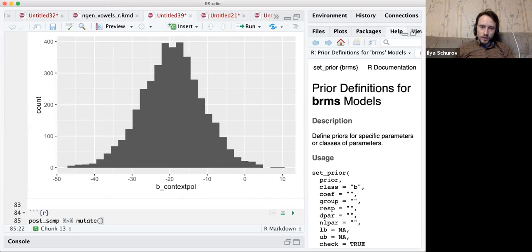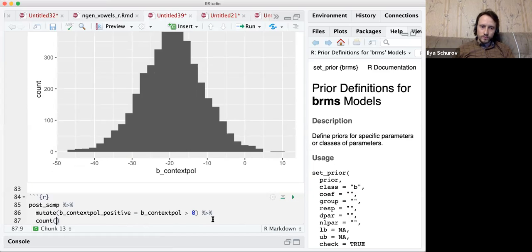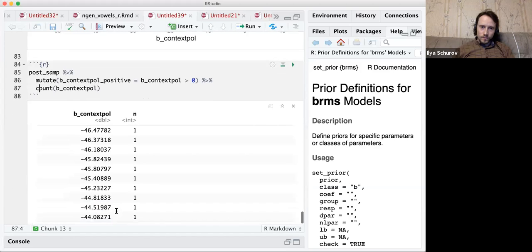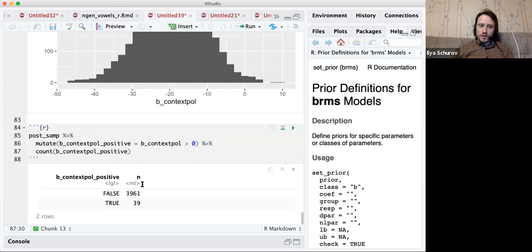For example, I can add a new variable that measures how often we have this condition, and then I can count. So we see that out of all observations that we have here, we have only 39 values that are positive.